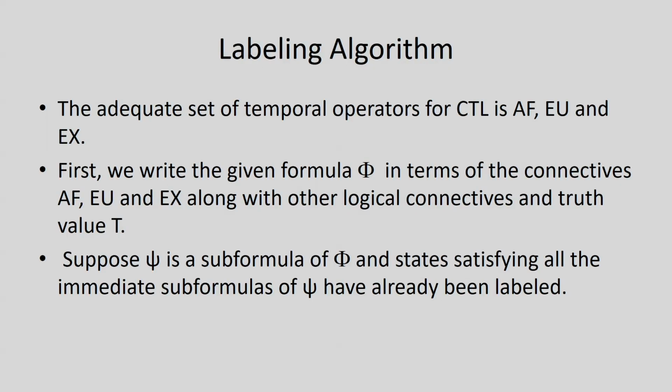In this case, the adequate set of operators is AF, all paths in future phi; EU, there exists a path with the until operator; and EX, there exists a path in the next step. So, these are the three basic operators.